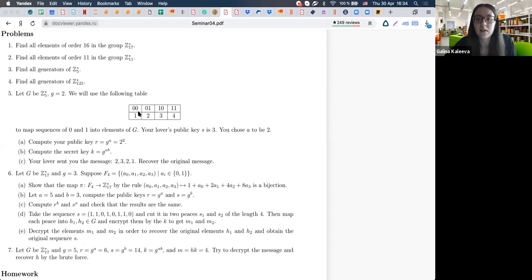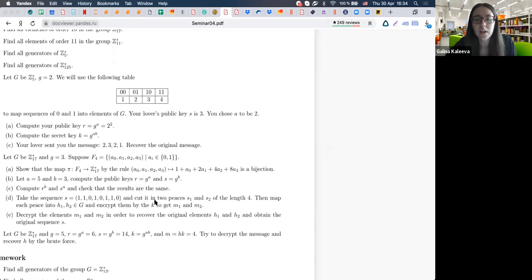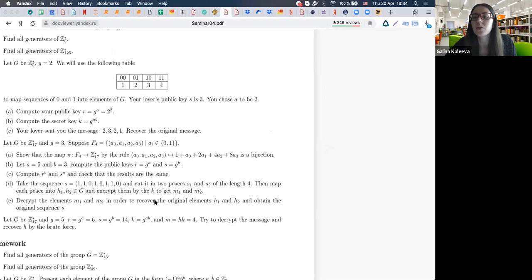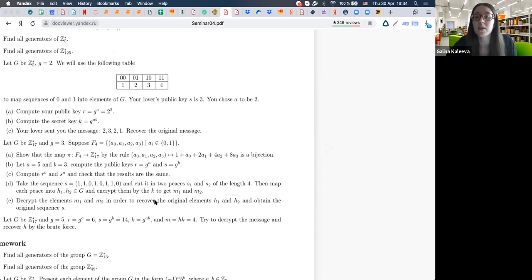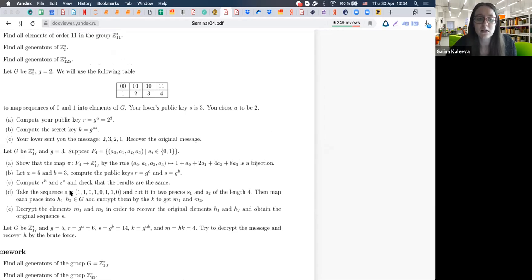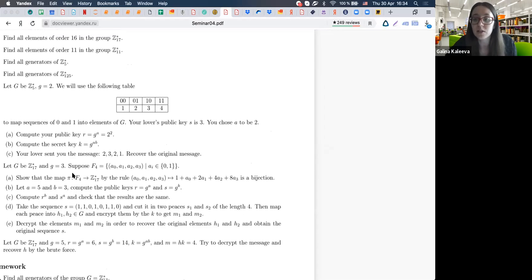In this problem, we don't even know the numbers of our group to decode and to send them. We need to construct the numbers, to find the numbers, knowing the original message. So we know the rule.